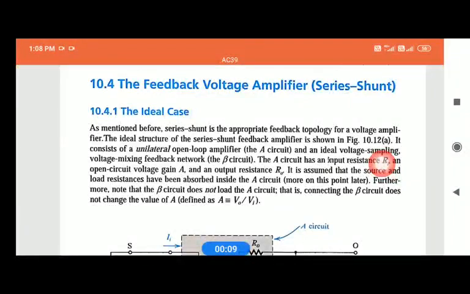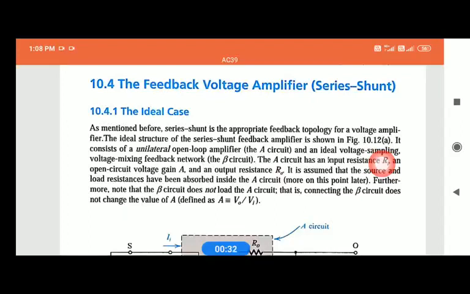So today we are going to discuss in this session the feedback voltage amplifier, which is a series shunt topology.